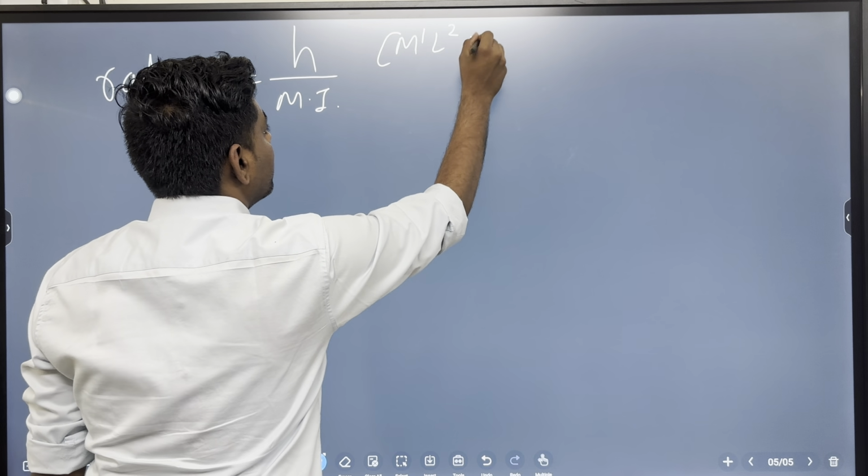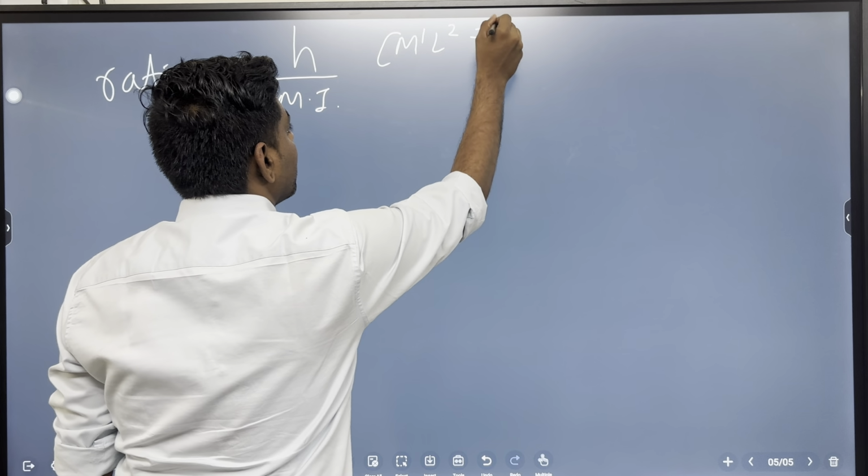What is the dimensional formula for moment of inertia? That is mk square, mass into radius of gyration. Mass means M1, radius of gyration is a distance, so it is measured in meter, and here square means meter square, so L2 T0.